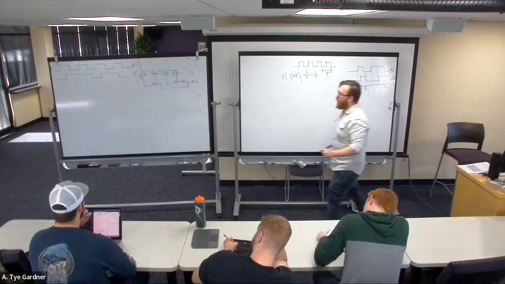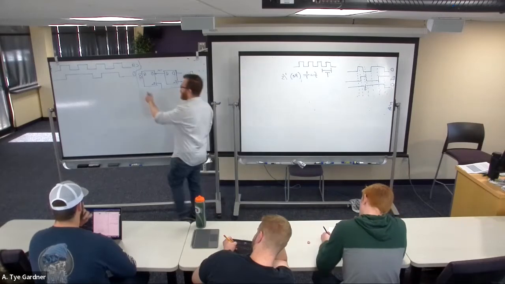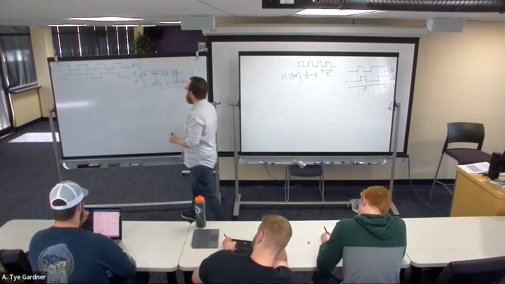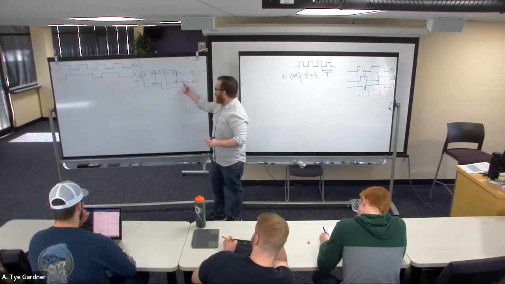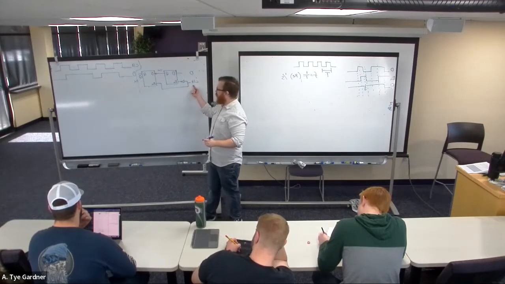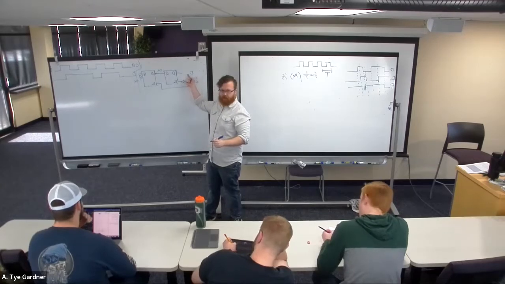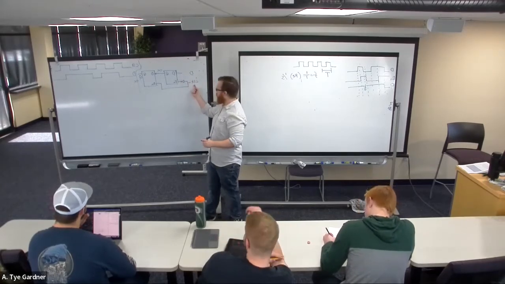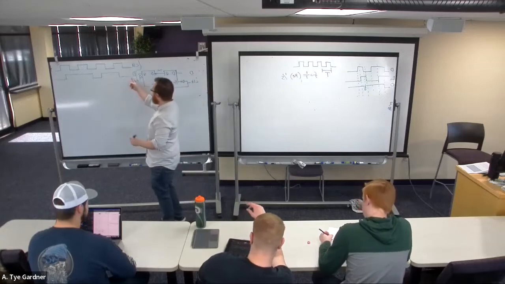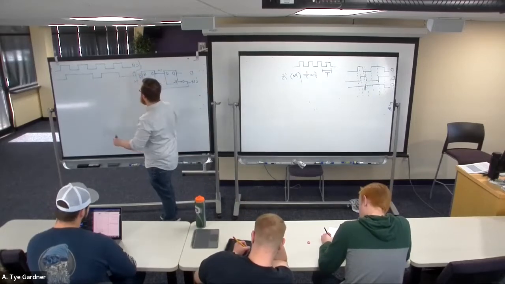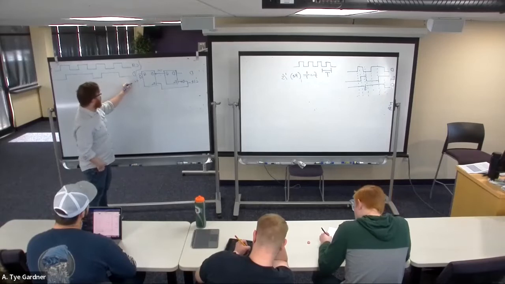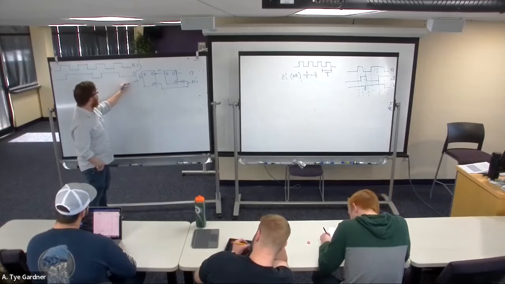Okay, so in the case of alpha, there's an inverter. So if clock is 0, alpha can just follow D. Okay, because of this inversion. So when D is 0 and clock is 0, alpha follows D. So it's going to start at 0.